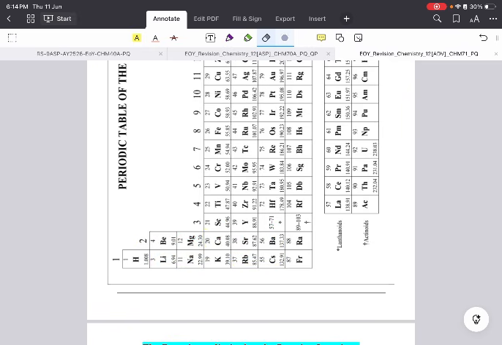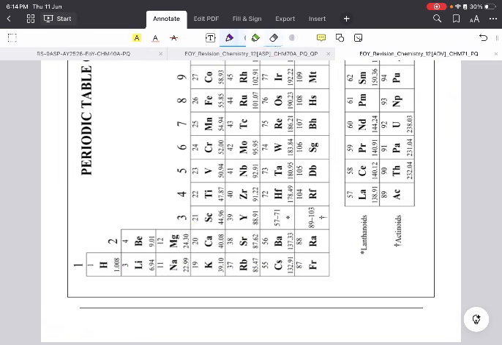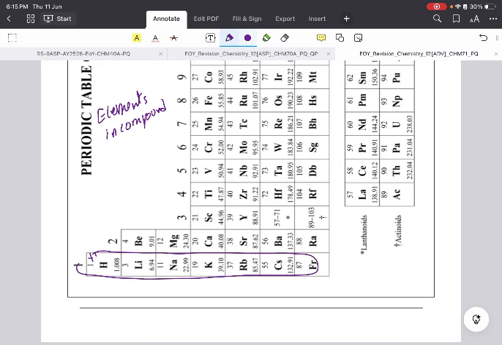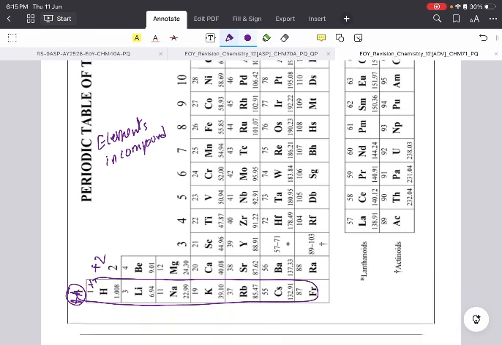In determining the oxidation number of elements in compounds, hydrogen is always +1, and anything in group 1 will have an oxidation number of +1. Any metal belonging to group 2 will have an oxidation number of +2.